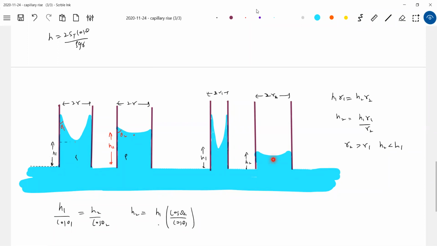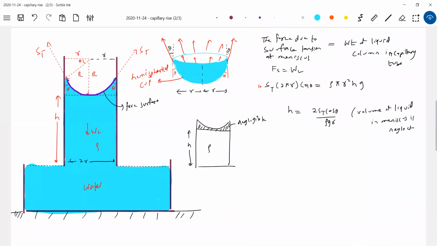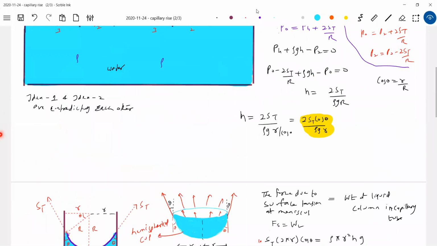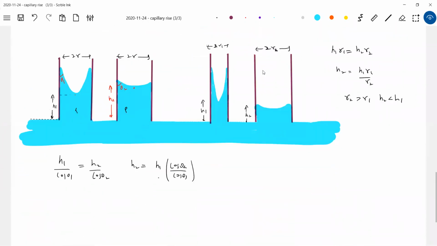So this will be the basic condition. You can even adjust this for the radius of the meniscus also. H1 R1 equal to H2 R2. Here you can bring this also. So all things are possible. H and cos theta, you can compare, provided the angle of contact is such that the water will wet completely.